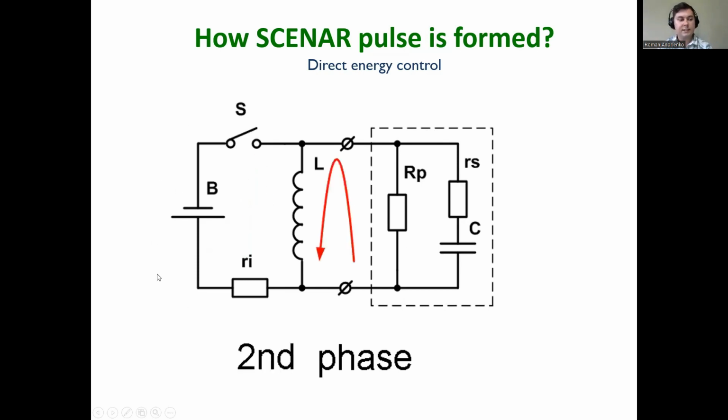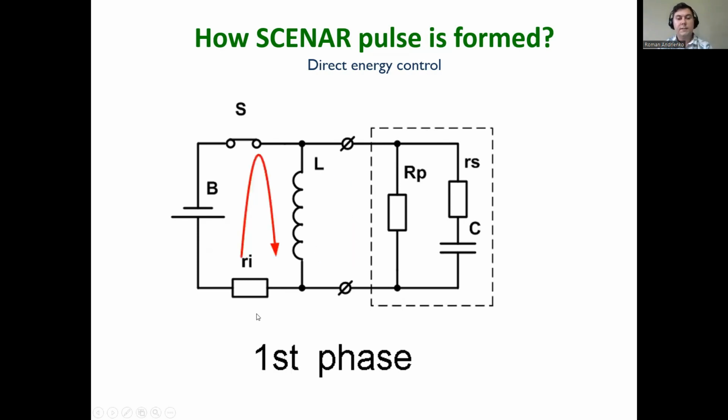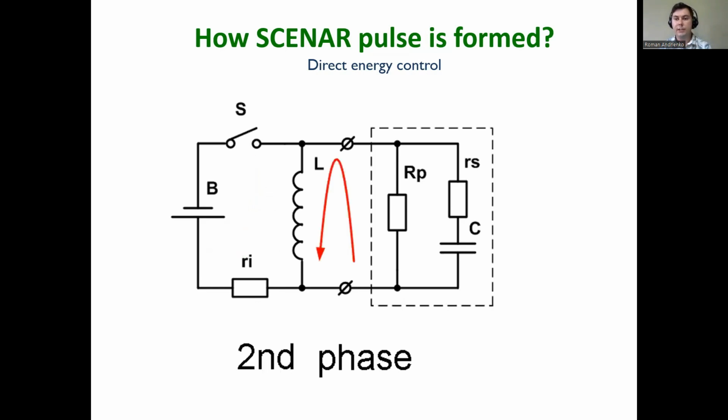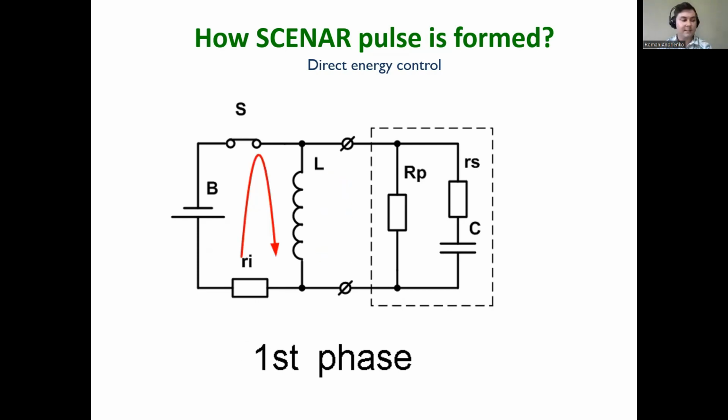And the Scenar itself acts as an inductive storage. So this is why the human body is an integral part of this circuit, and it takes active part in controlling the treatment and the parameters of the treatment signal. This is why the body is unable to harm itself. This is why Scenar is so effective.